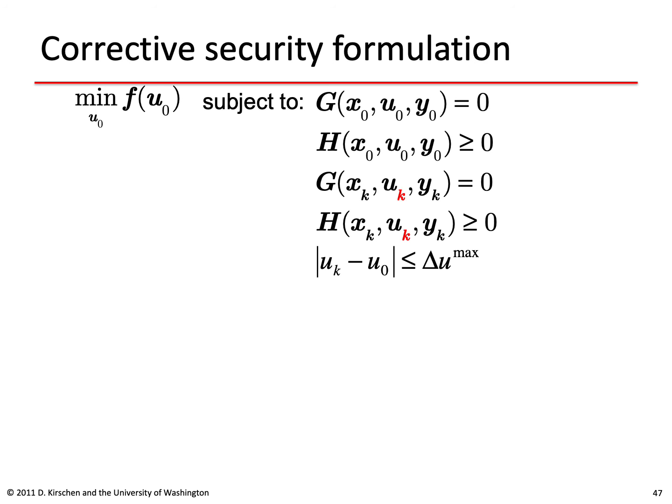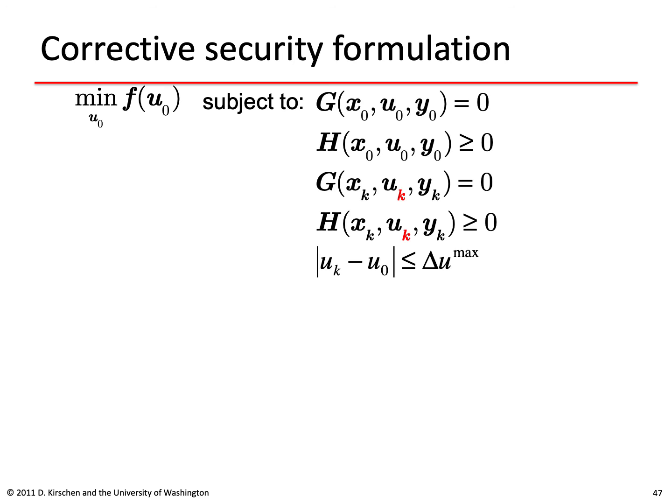Now there are many contingencies where it is not unreasonable to expect the operators to react to the contingency to adjust the controls so that the state of the system after the contingency remains acceptable. In those cases, we no longer have to assume that the control variables remain at the values used before the contingency has occurred.